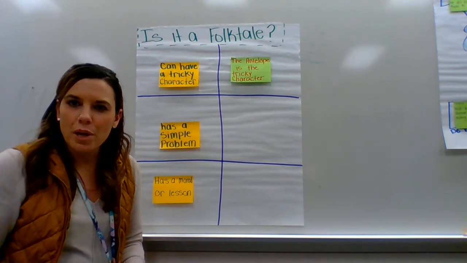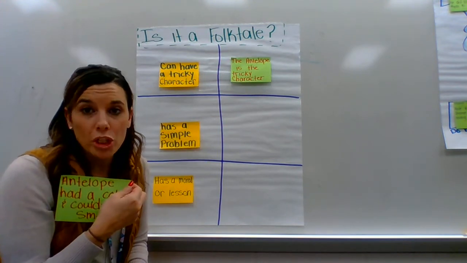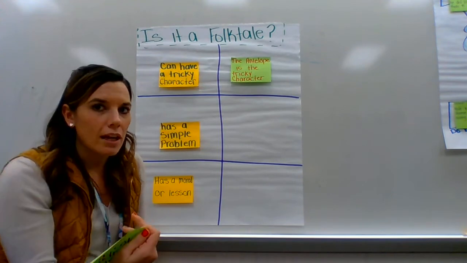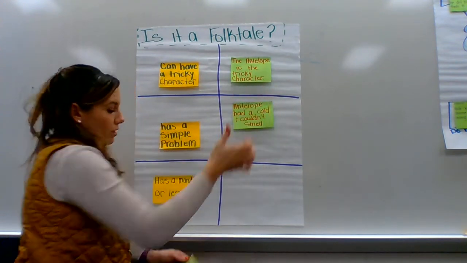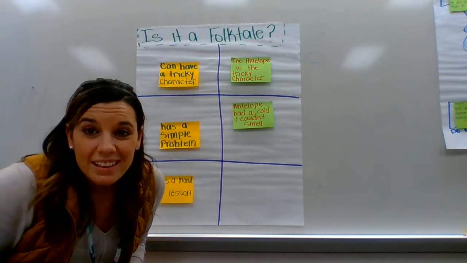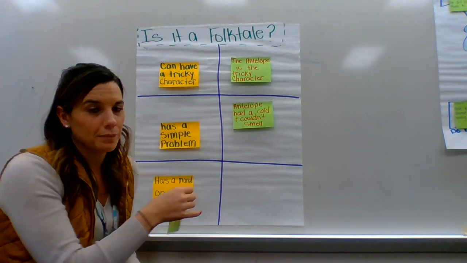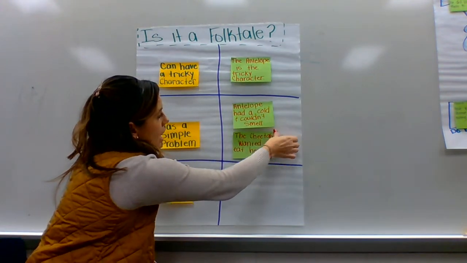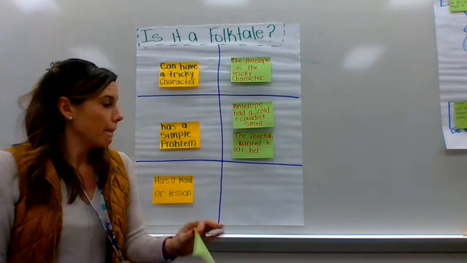I would say the first problem that we ran into in the story is that Antelope had a cold, so she couldn't smell the cheetah like her friends could, and that's why she was left all alone, right? Then the other problem she had was that the cheetah wanted to eat her. So she had to quick figure out how she was going to get herself out of that situation, didn't she?